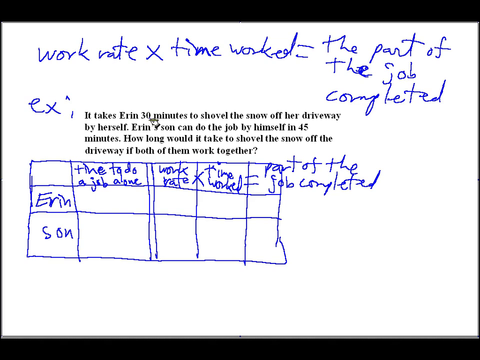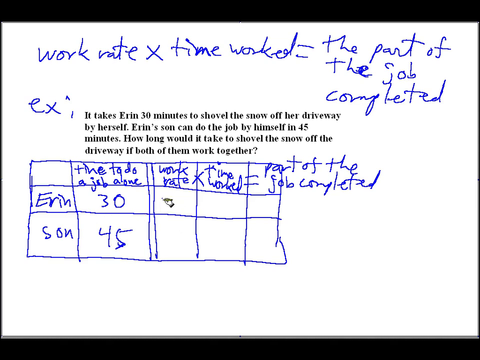It says Erin takes 30 minutes to shovel the snow by herself, so she'll take 30 minutes. The son can do the job by himself in 45 minutes. So that's where those two numbers go in: how long each person can do the job all by themselves. Make sure we see that.